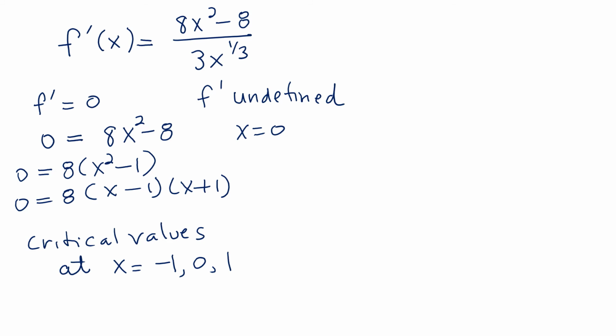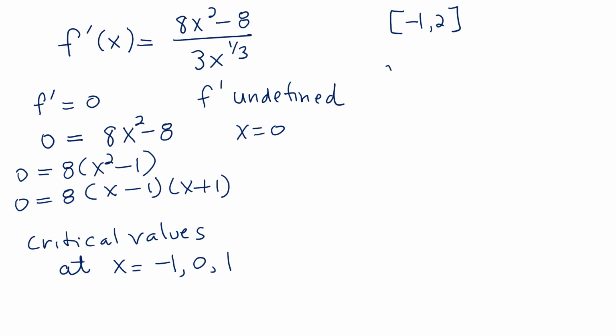Now remember the closed interval from −1 to 2. We'll need to evaluate the function at the endpoints and all critical values that are included in the interval.